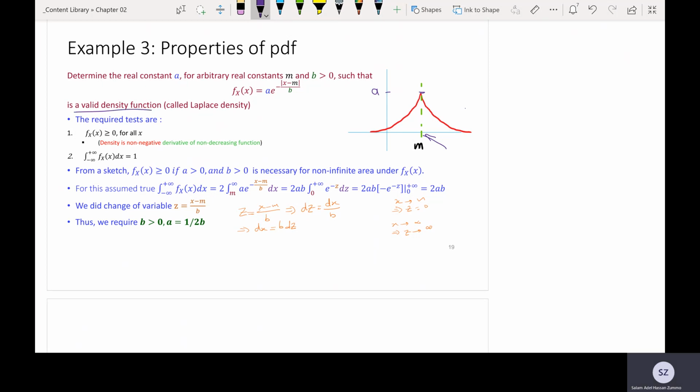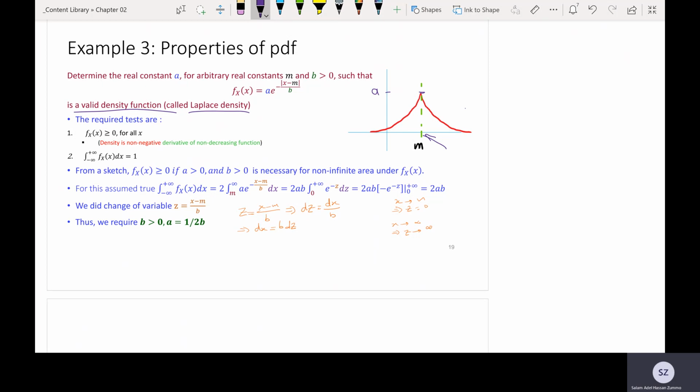Now the question is to check whether this is a valid PDF. This is called Laplacian density, Laplacian variable. However, check whether it's valid. In order to check whether it's a valid PDF or not, what do we need to check? Any conditions? It integrates to 1, and it's positive. First, is it positive or not?